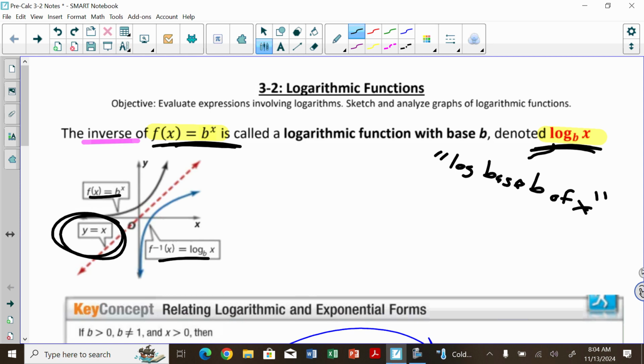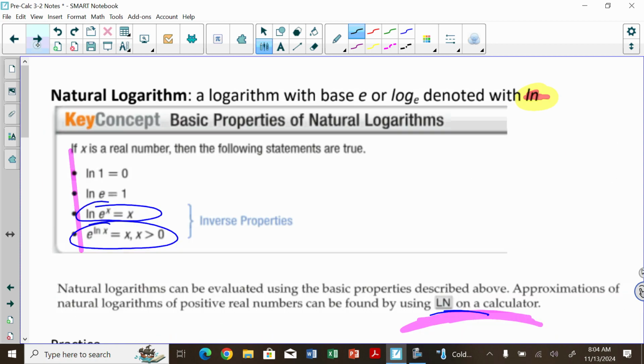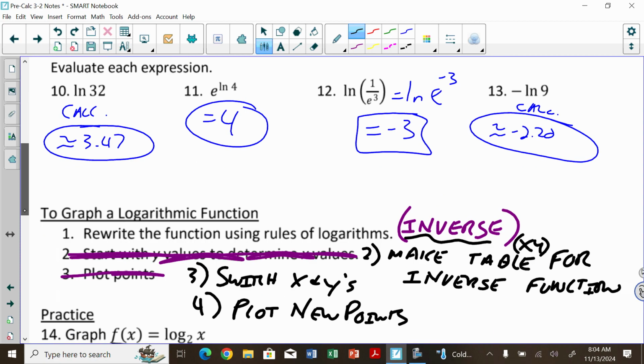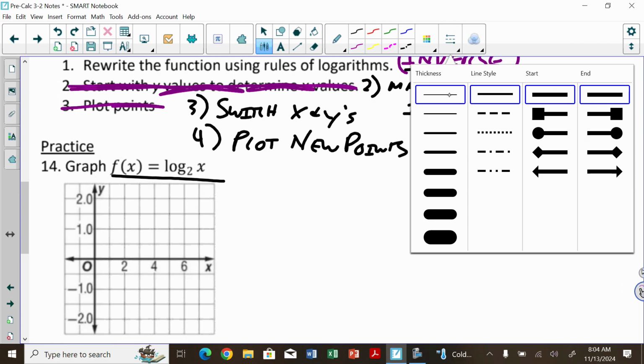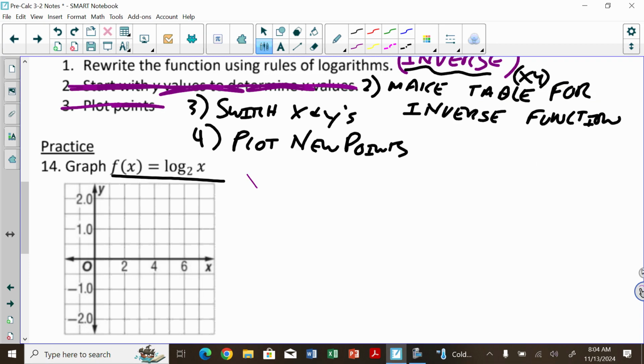Basically I want to put it in an f of x equals b to the x form. So if I write it as the inverse, f of x equals 2 to the x power, because that's the inverse of that function.